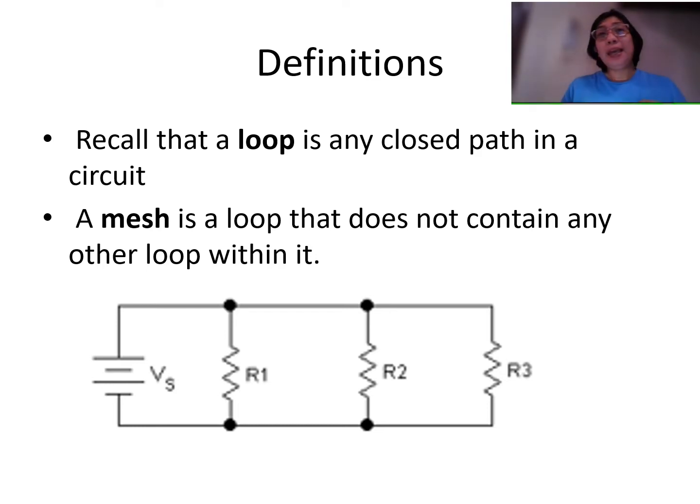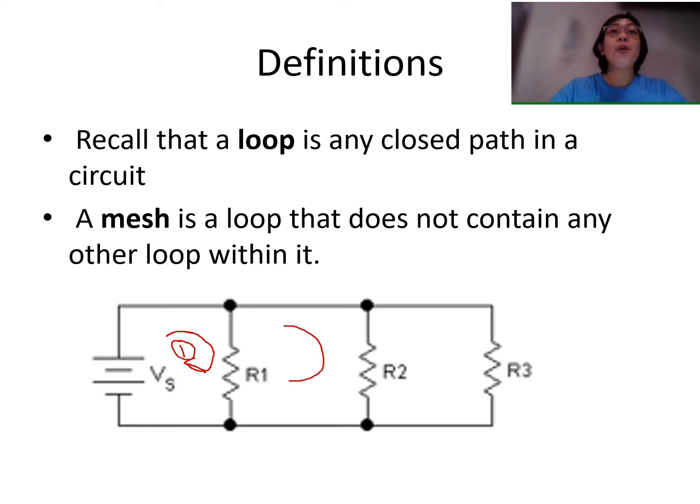Here we have 6 different loops. Where are our 6 different loops? This is our first loop, loop number 1.